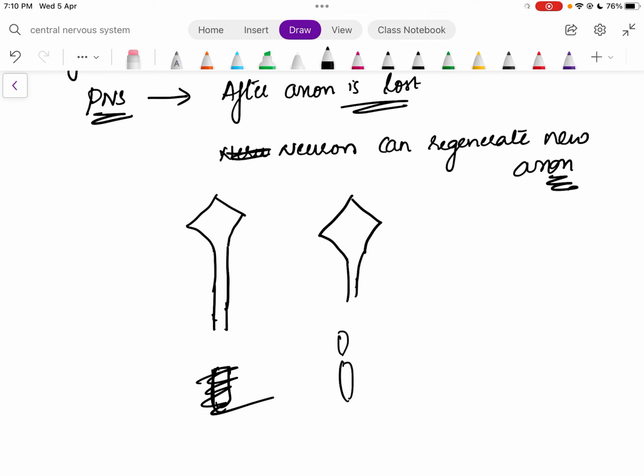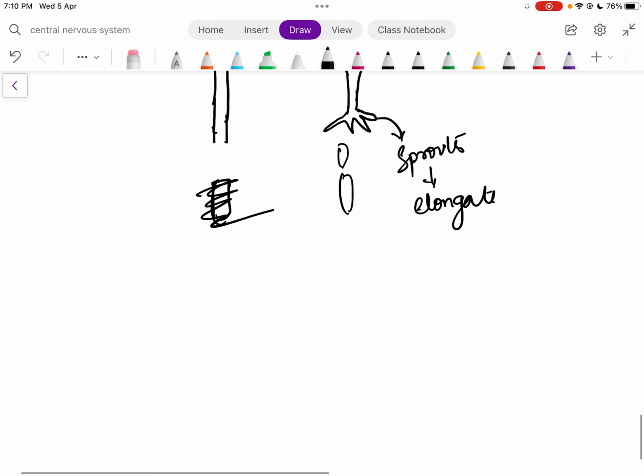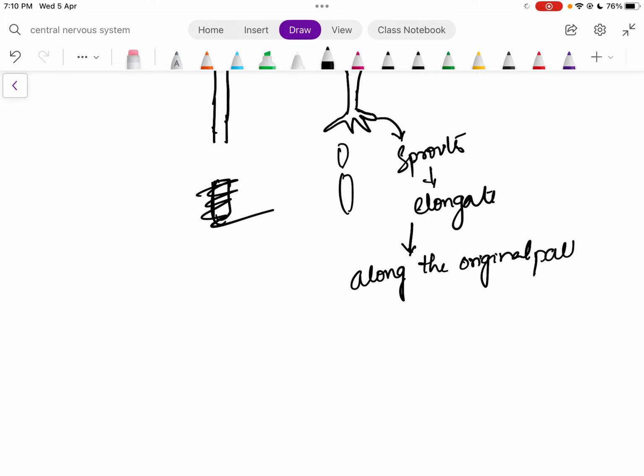This proximal part will form new sprouts, and these sprouts will elongate. This elongation will occur along the original path of the nerve.